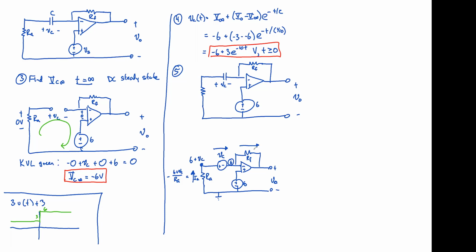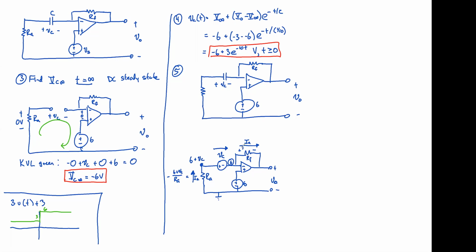So how much does this resistor bump up our voltage? It's going to start out more positive and end up more negative. This current has to be the same as this current, so I'm going to call this also I sub A. Now I can determine what this voltage is.